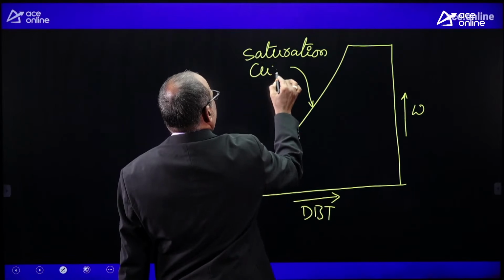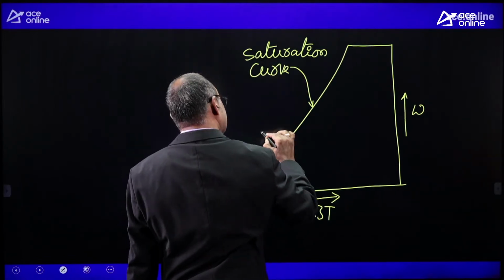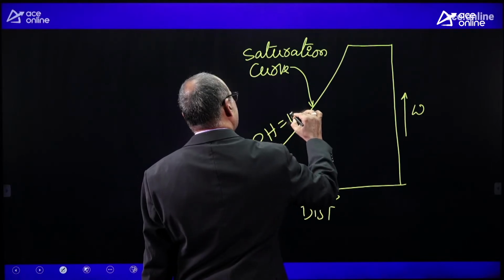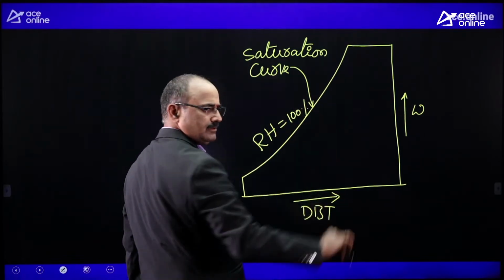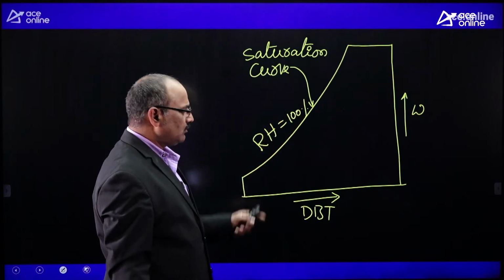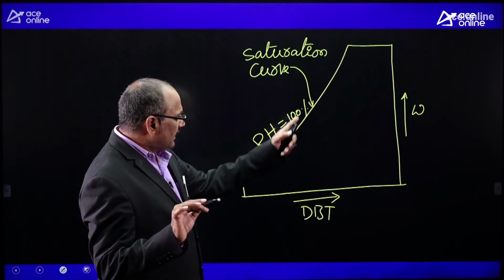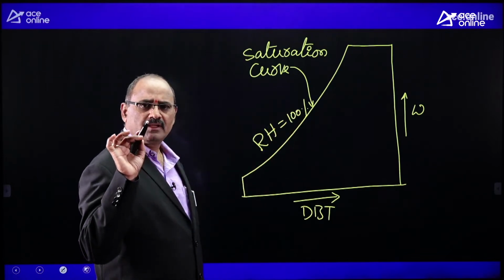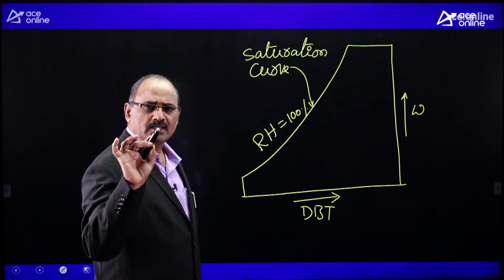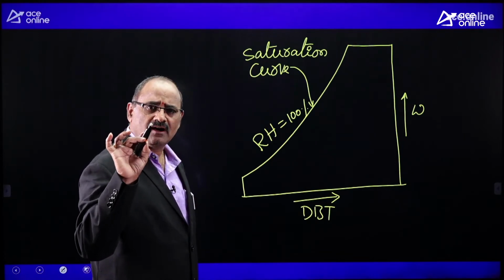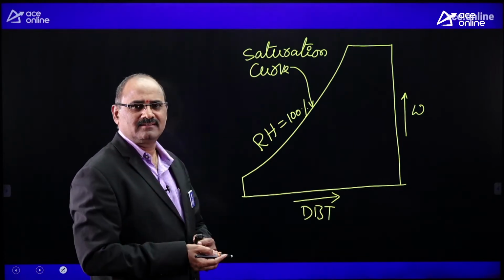Dear friends, remember, along the saturation curve, the relative humidity equal to 100%. Along the saturation curve, dry bulb temperature, wet bulb temperature and dew point temperatures are identical.